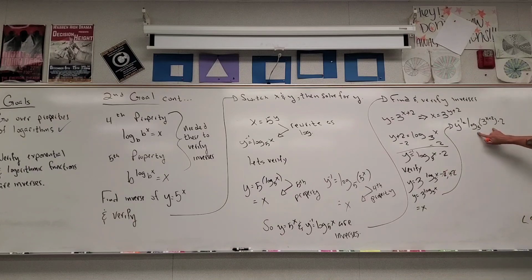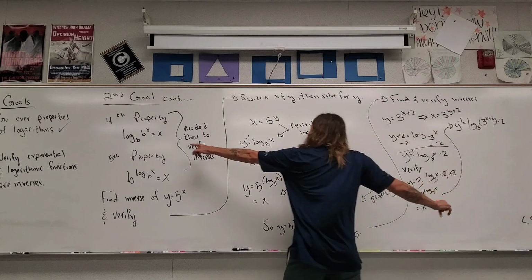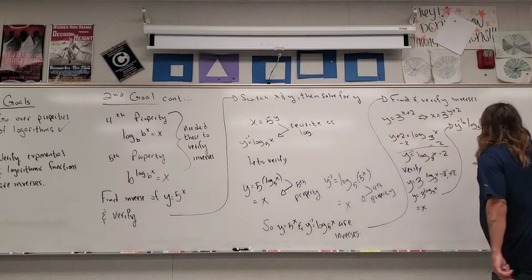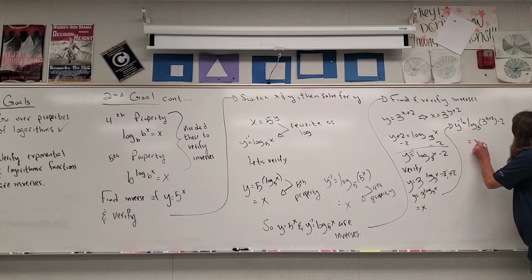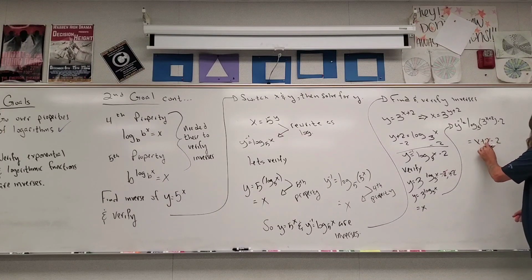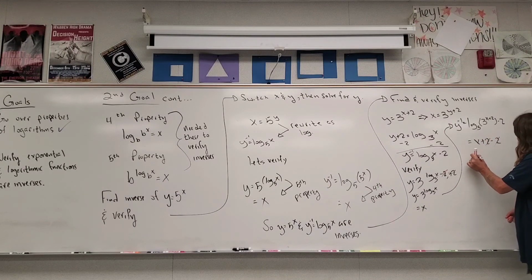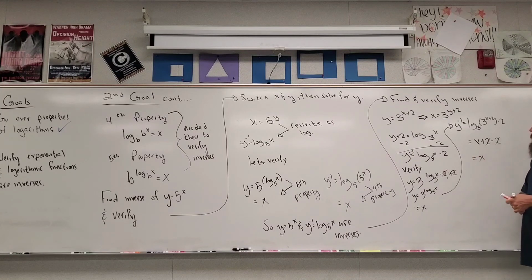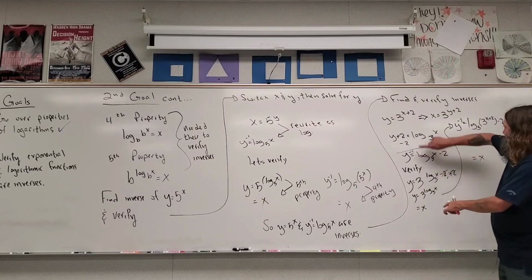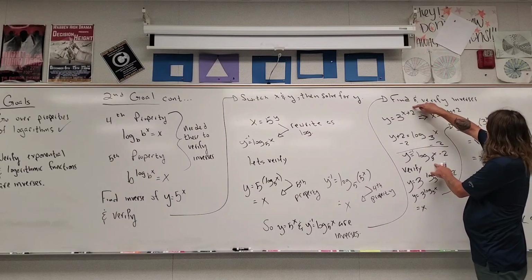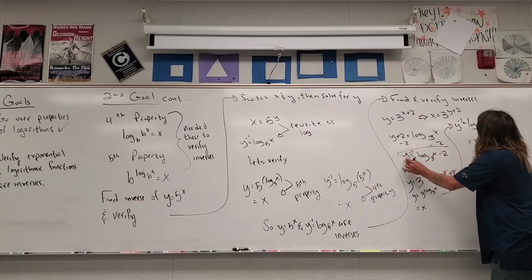All right, this is the fourth property. So whatever my exponent is what this turns into, so this becomes x plus 2 minus 2. The minus 2's and the plus 2's cancel, and that's equal to x. So because they're both equal to x, that means that these are inverses. Let me circle that. These are inverses.